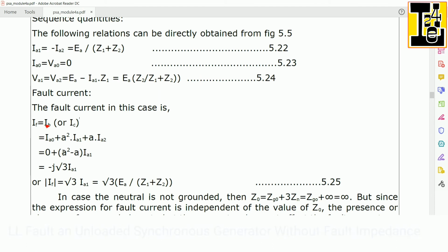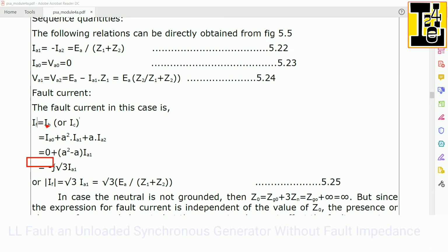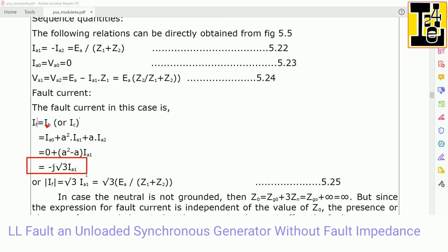So substituting that, taking only in terms of IA1, writing IA2 in terms of IA1, we can further simplify that. It has A square minus A into IA1, while A square minus A is nothing but minus j root 3. So hence the expression for fault current IF is equal to minus j root 3 IA1.